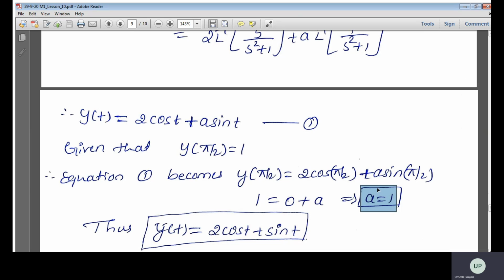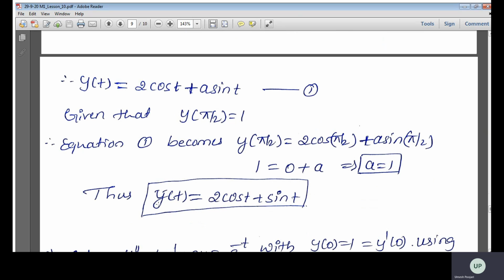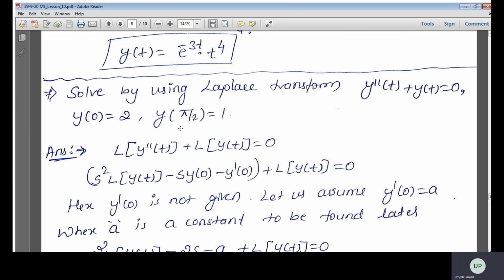So a equals how much? 1 here. Substitute this value of a in equation 1, which gives y of t equals 2 cos t plus 1 into sin t, which is the final answer of the given differential equation. Remember, in some examples they may not give y dash of 0 value. If they have not given y dash of 0, then assume some value for y dash of 0, like a.